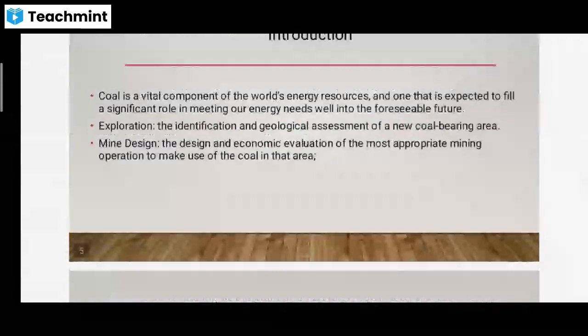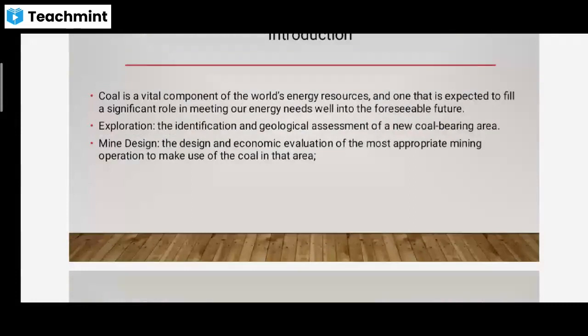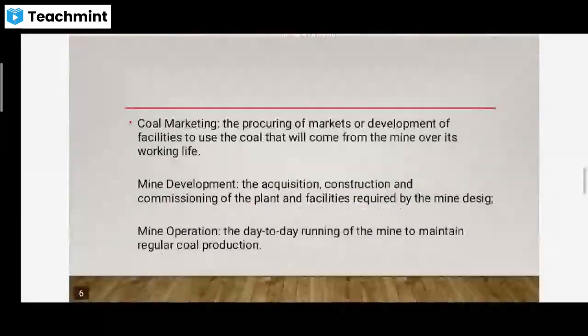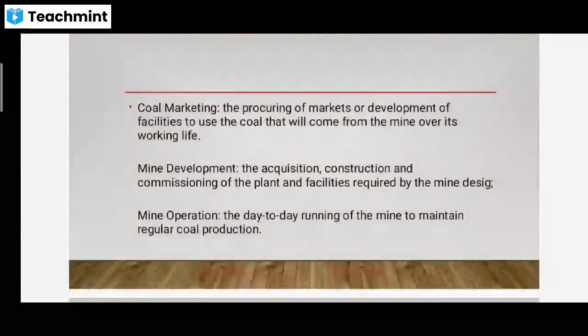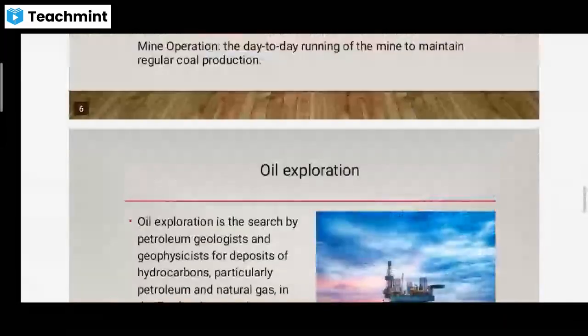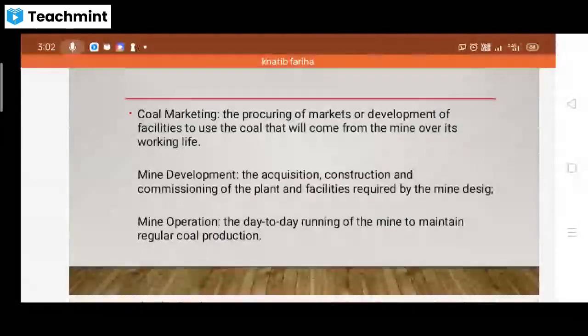Mine design: the design and economic evaluation of the most appropriate mining operation to make use of the coal in that area. Coal marketing: the procuring of markets or development of facilities to use the coal that will come from the mine over its working life.